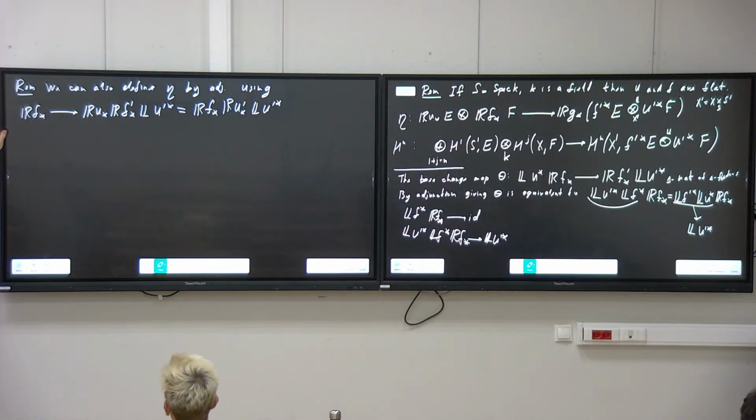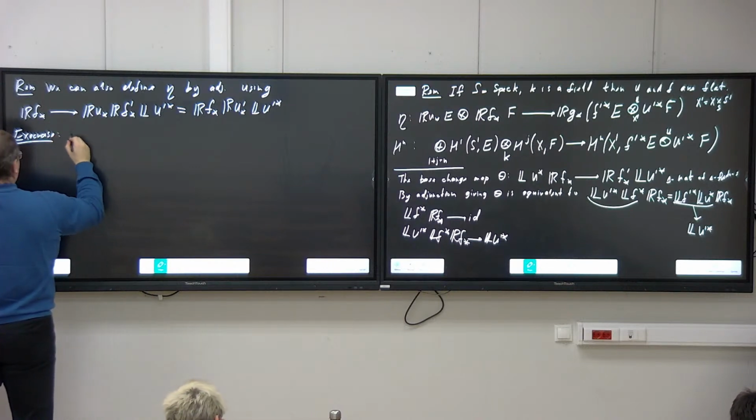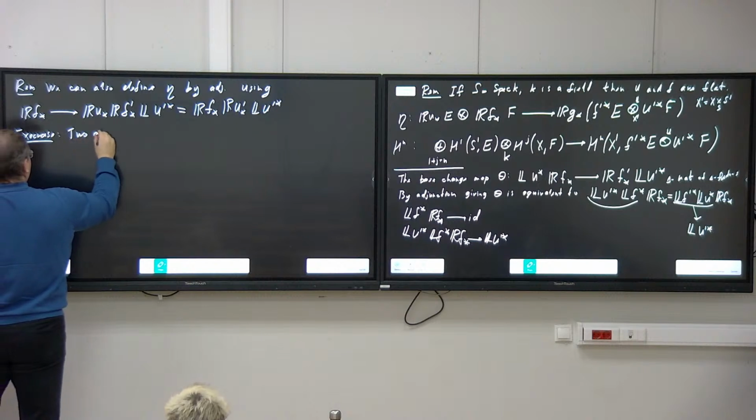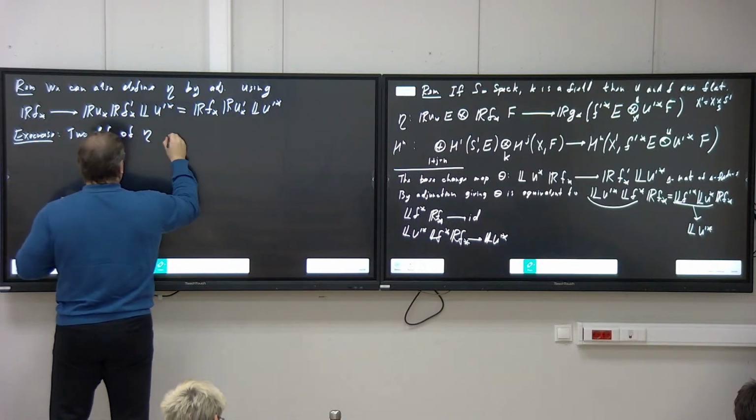That will be another map theta, another version of theta, which acts from the same composition of functors to the same composition of functors. So the exercise is to show that these two definitions coincide. Exercise: the two definitions of theta are equivalent.